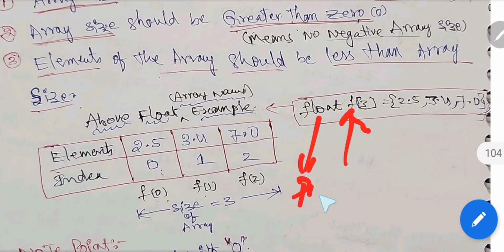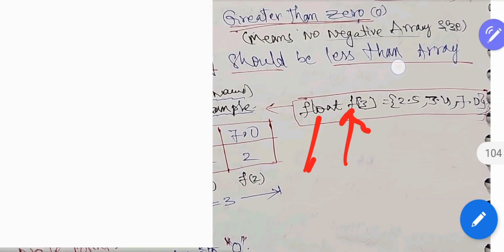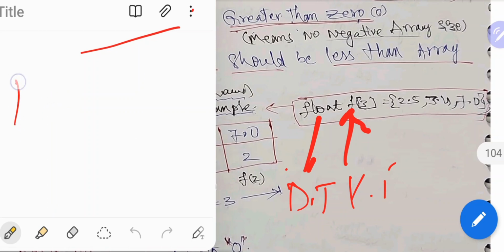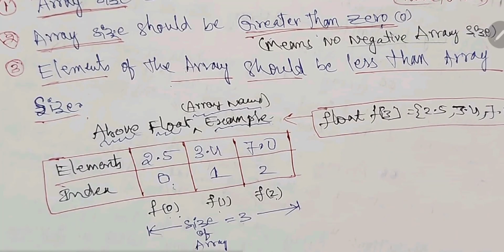This is data type. Data type, variable name, right? So this is the index. f of 0 address contains this.